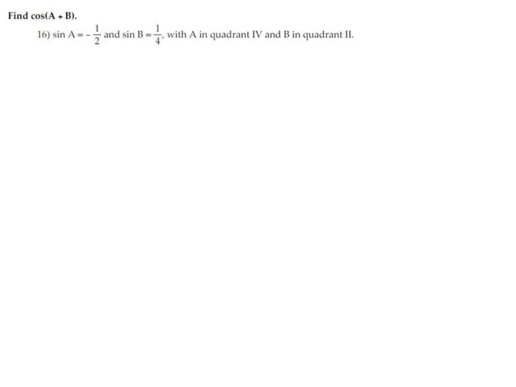All right, find cosine of A plus B. Now when we're given information like sine A equals negative 1/2 and A is in quadrant 4, we can immediately go to a quadrant 4 angle to represent A. Sine is negative 1/2. Opposite is negative 1. Hypotenuse is 2.